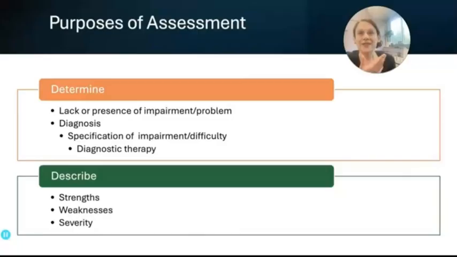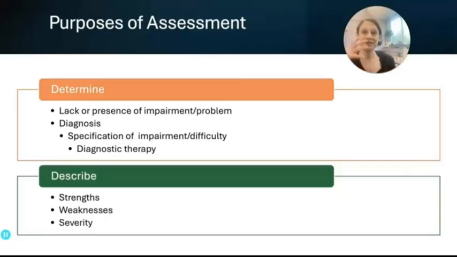You don't need to know that word, but just some sort of exercises that may result in improvement. We sometimes call this dynamic assessment, seeing if the individual improves with some teaching or some provided support. And so, again, all features of assessment. We're going to describe strengths, weaknesses, and severity of the condition, and so forth.